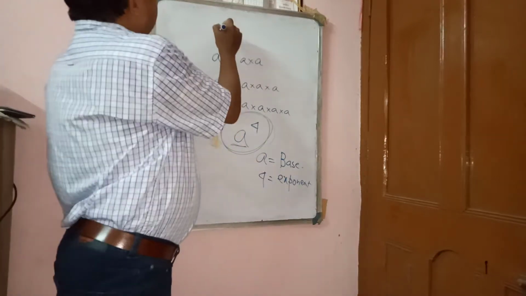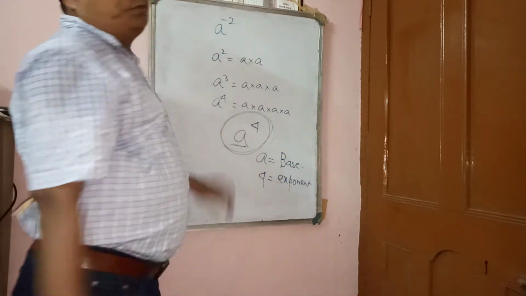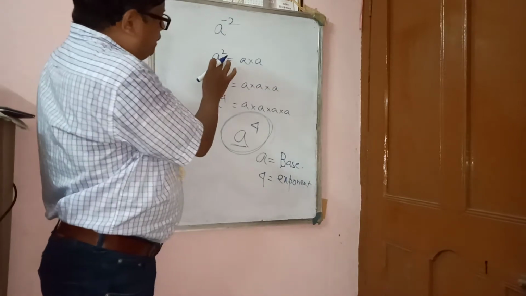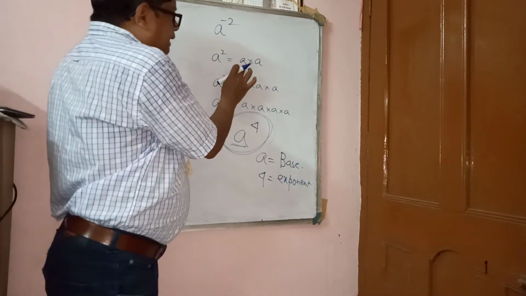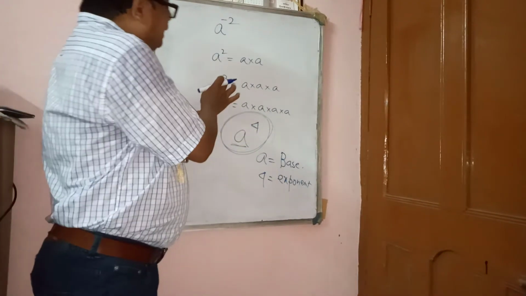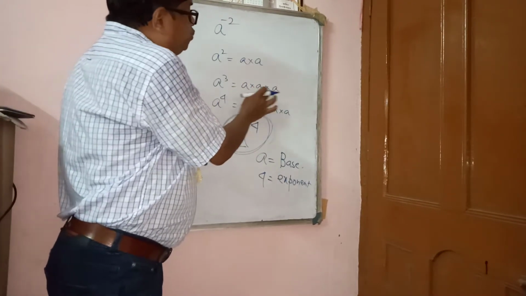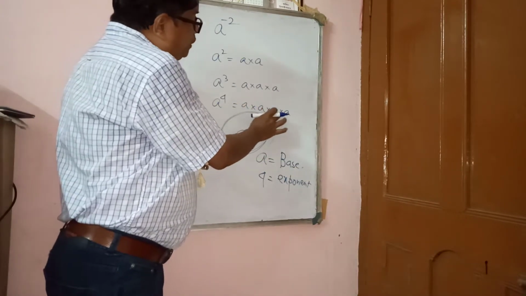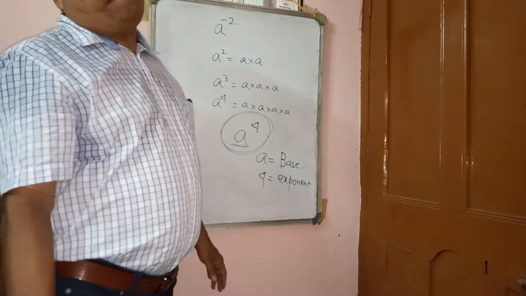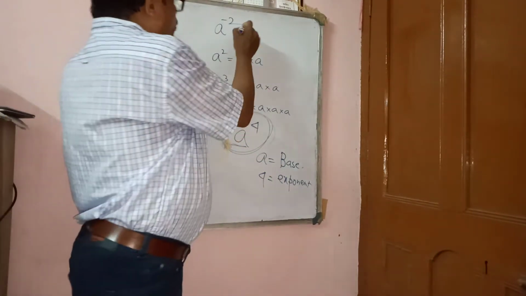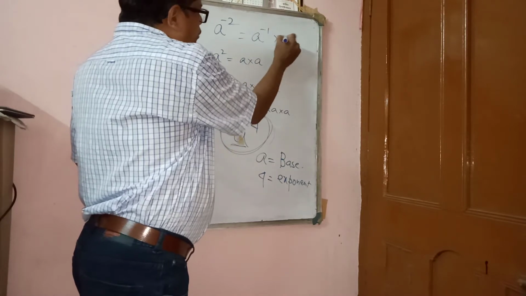But if we write, suppose, a to the minus 2, see, a square means a into a, 2 times you have to multiply, a cube is a into a 3 times, a to the 4 is a into a into a into a, 4 times you have to multiply. But we cannot write a to the minus 2 as a minus 1 into a to the minus 1.